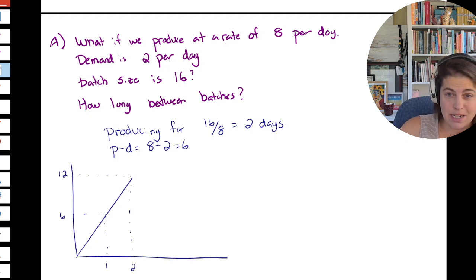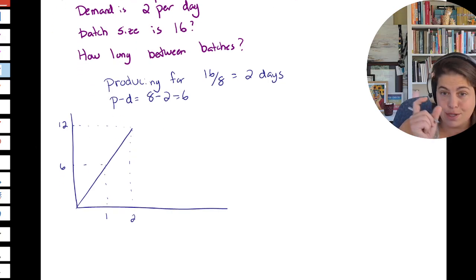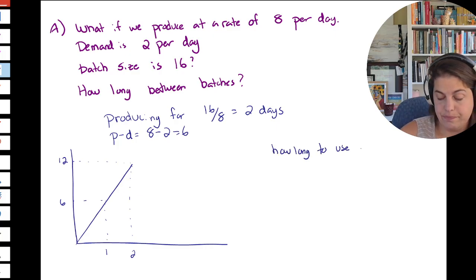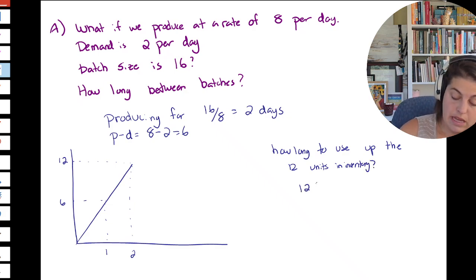How long is it between batches? Well, we only want to start the next batch once our inventory returns to 0. So we are producing for 2 days, but then how long are we not producing for? That question is, how long does it take us to use up 12 units in inventory? If our demand is 2 per day, that is going to be 6 days.